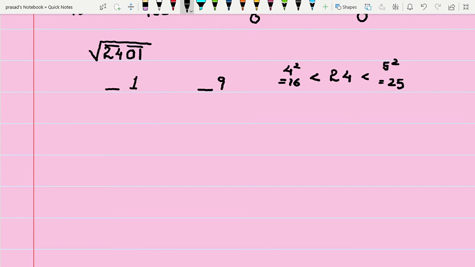So fill this blank with the smaller of the two, that is 4. So here it is 4 blank. Now I want to find out which of 41 and 49 is the correct one. So I'll take the product of 4 and 5. 4 fives are 20.